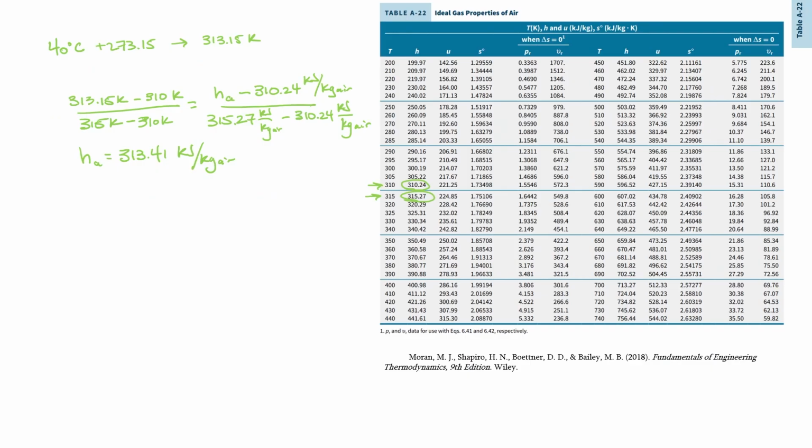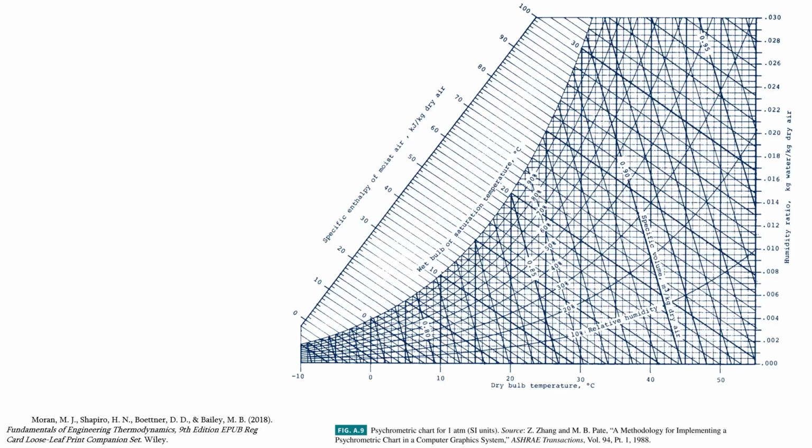What we're going to do is we're going to go down here and we're going to look at another piece from our textbook. So this is figure A9 on page A106 of your Fundamentals of Thermodynamics textbook. And this is our psychrometric chart.